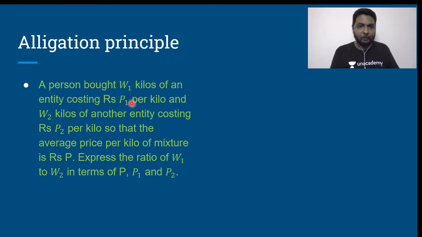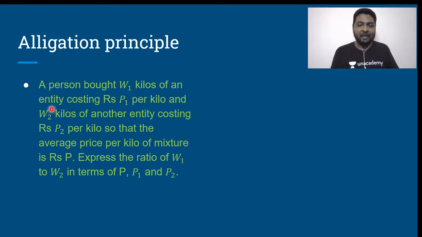W1 kilos at rupees P1 per kilo, W2 kilos at rupees P2 per kilo, such that the average turns out to be rupees P per kilo. We have to express the ratio of W1 to W2 in terms of P1 and P2. This is very similar to the previous question. Just that instead of 4 kilos of apples, he says W1 kilos of an entity.